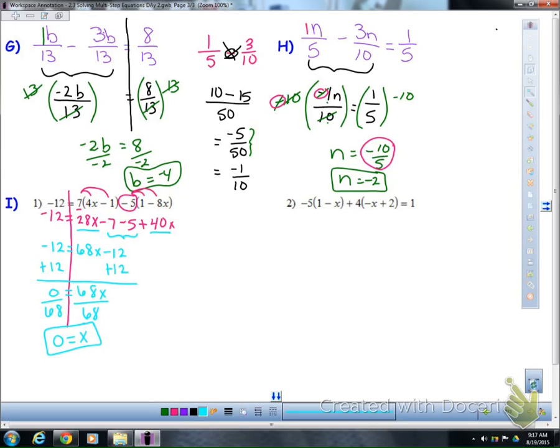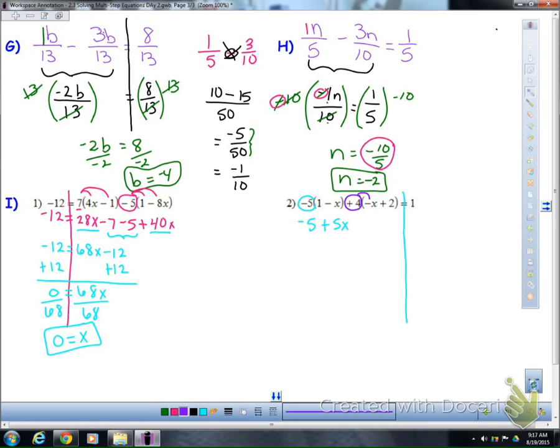So pause this video and I want everybody to do number 2 on your own. Okay, as you do number 2, again, you have 2 times to distribute. We're first going to distribute a negative 5, which gives us negative 5 plus 5x. Then we're going to distribute the 4, and this one's a positive 4.